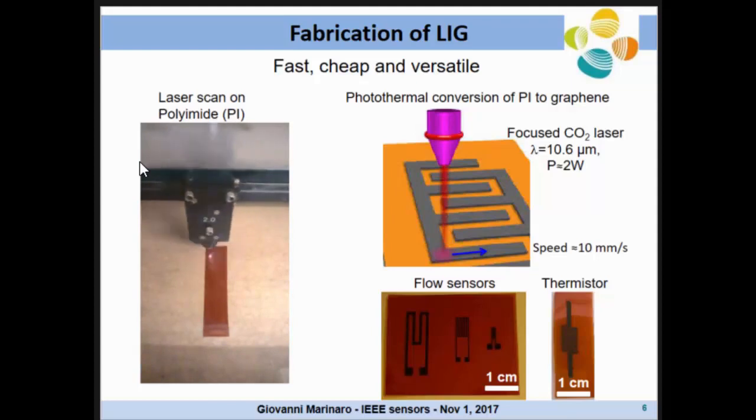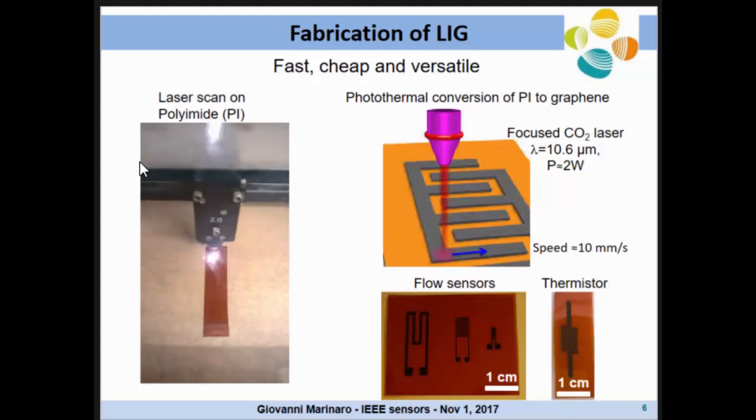The laser is focused on a very narrow spot, and the temperature there is very locally high. So it burns the polymer, and all the chemical bonds, for example the CO bonds and CH bonds, will be broken, and the chemical species will become volatile and evaporate.